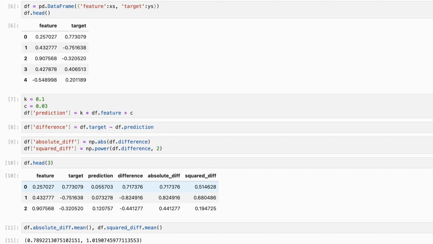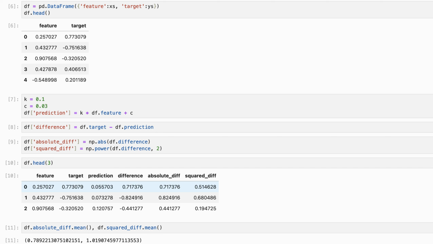The difference can be negative, but overestimation and underestimation are equally bad, so we should remove the sign. One way to do it is to take the absolute value of the difference, which we store in the absolute diff column. Another way is to square the difference or multiply it by itself, which we store in the squared diff column. The first 3 rows of the resulting table are printed in cell 10.